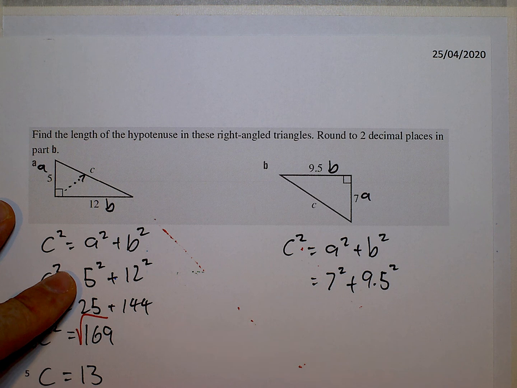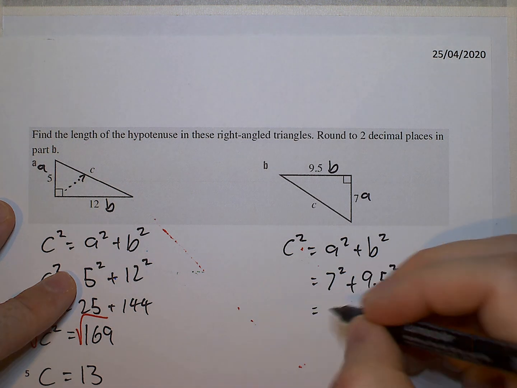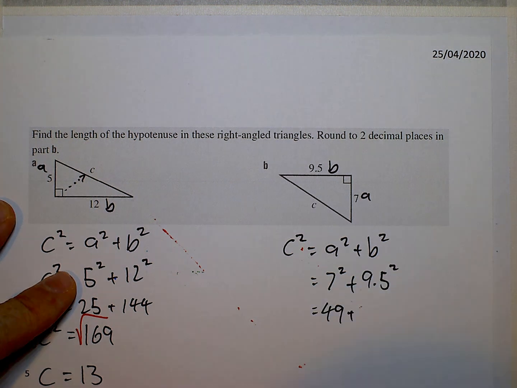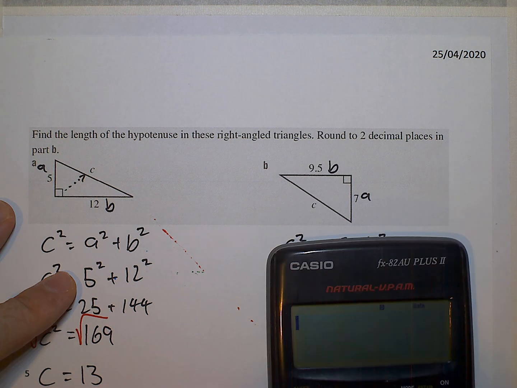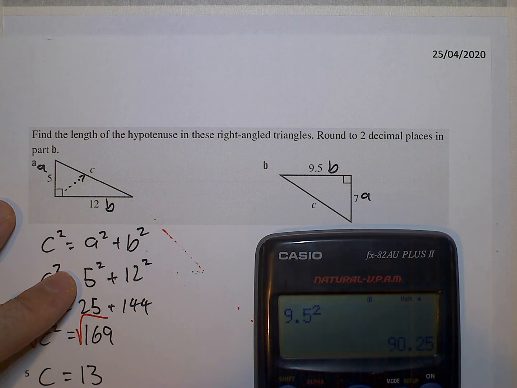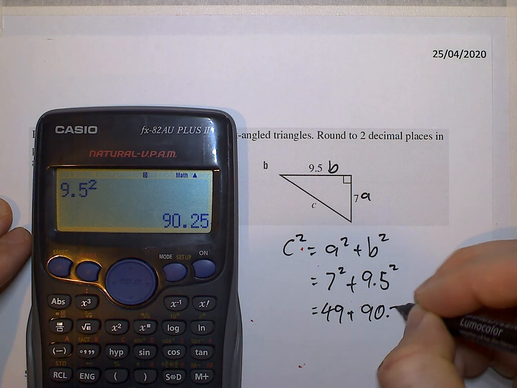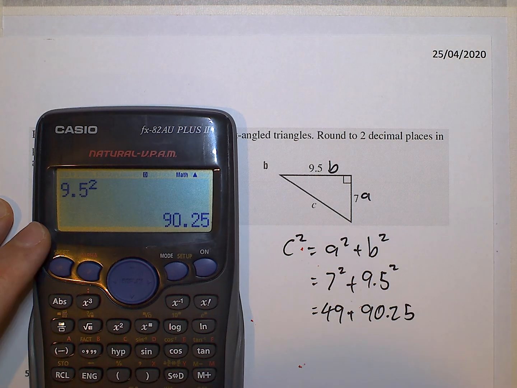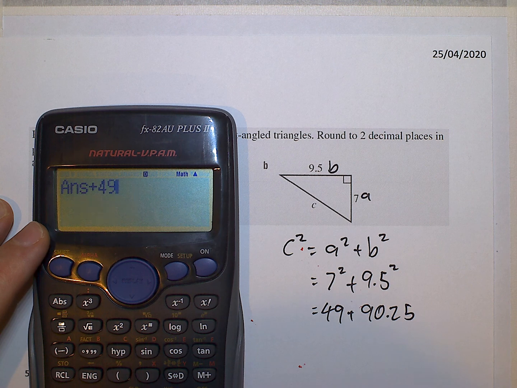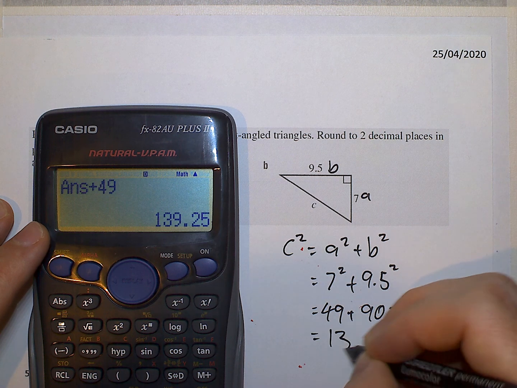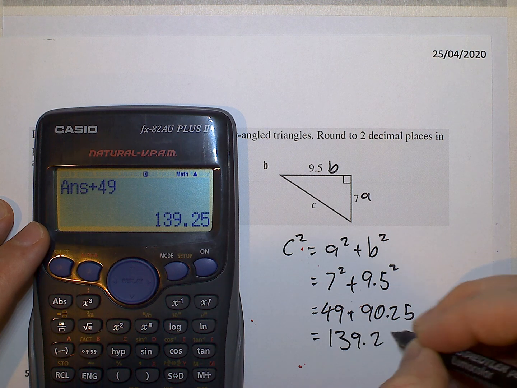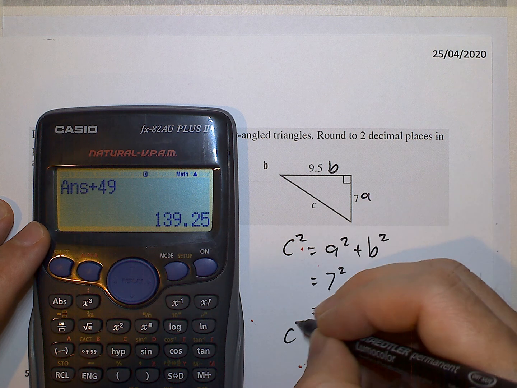And let's figure those out. 7 times 7 is 49. And 9.5 squared equals 90.25. Let's plus them together. 139.25. Now remember, this is still c squared.